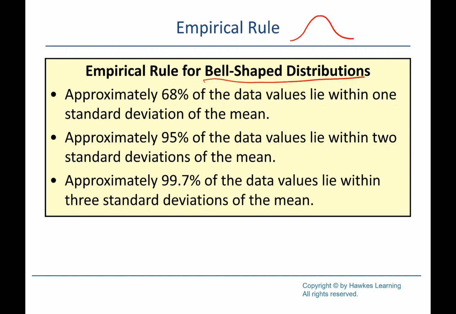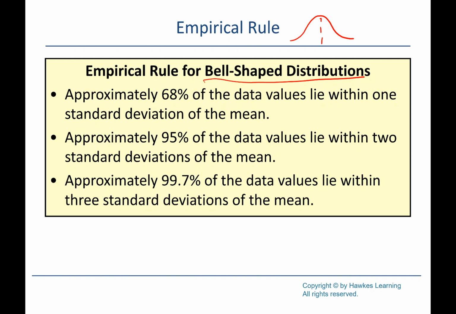So the empirical rule tells us for those bell-shaped distributions where we can expect most of our data to be. The mean on the bell-shaped distribution is going to be that line right down the middle. So we'll have some number for our mean. And then we've got 3 statements about where our data values are going to be located compared to the mean.